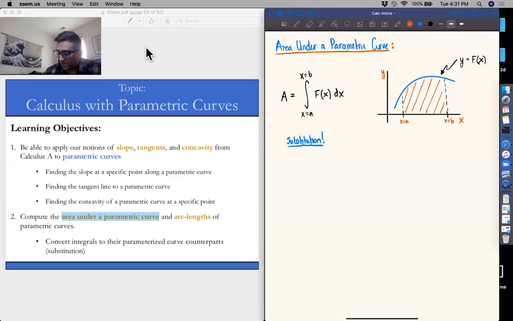So for example, if we consider this in the parametric curve form, we have x is some function of the parameter t. And we're going to make that direct substitution into this integral.